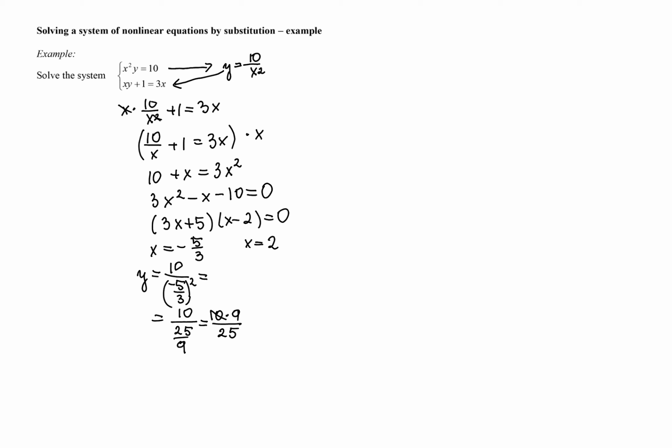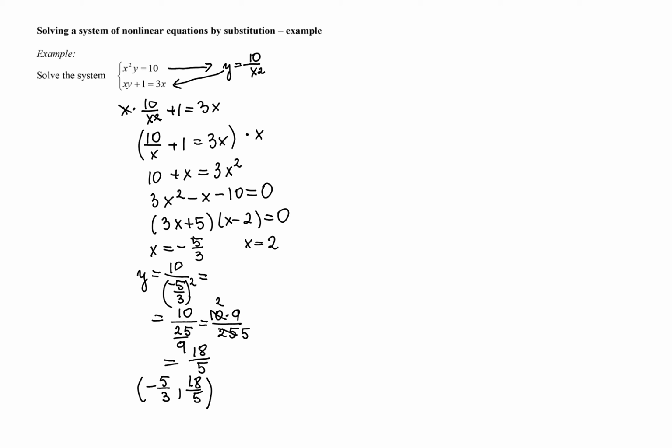Simplifying by dividing by 5 is going to give us the value of y equal to 18 over 5. And therefore the solution is x equals negative 5/3 and y equals 18/5.